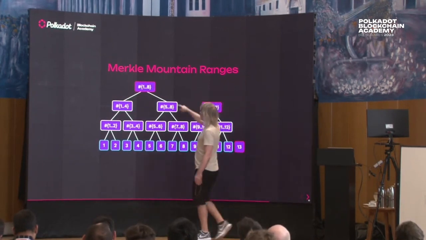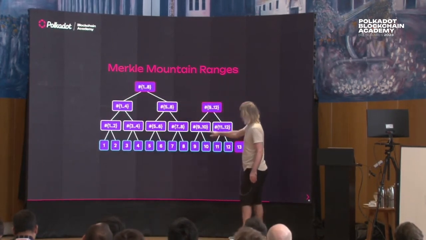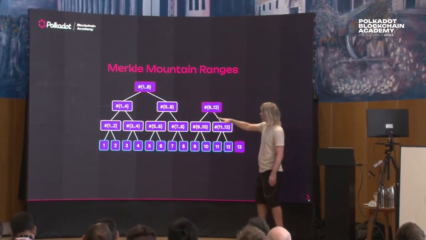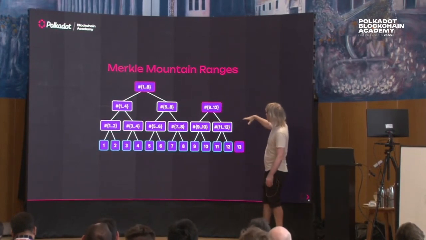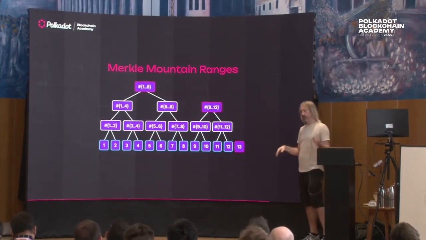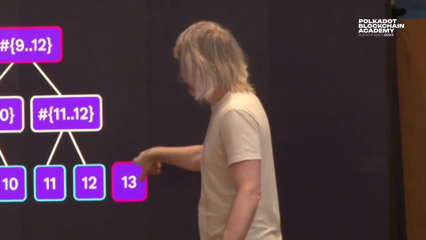So this first one hosts the first 8 items. And then this next one hosts the next 4, and so on down. They always have incrementally fewer items, incrementally lower powers of 2. This final one, there's only 1 item left, so that's just a tree of 1.